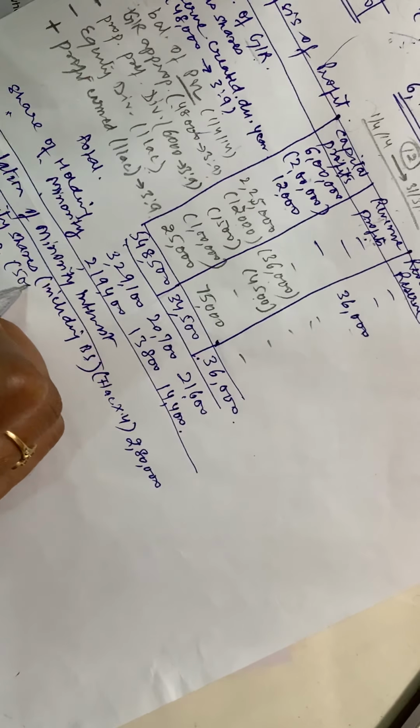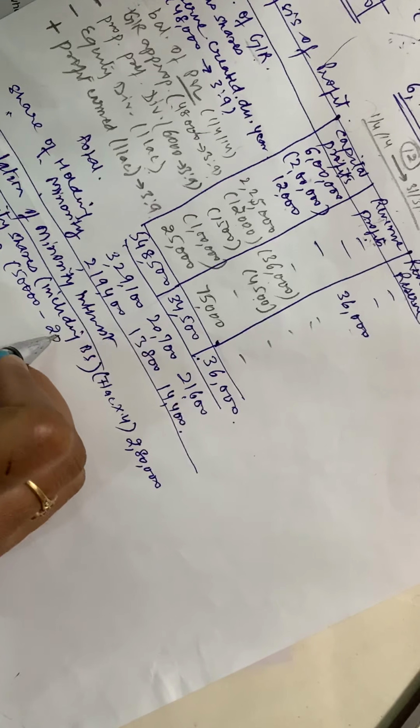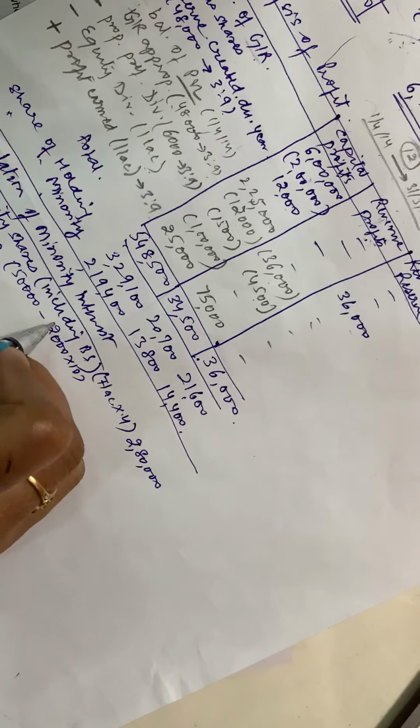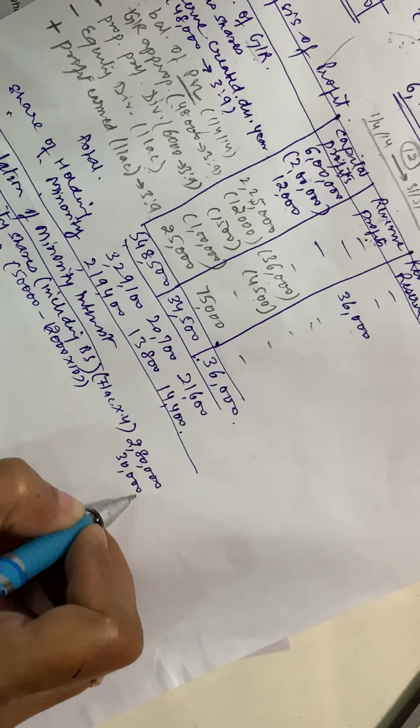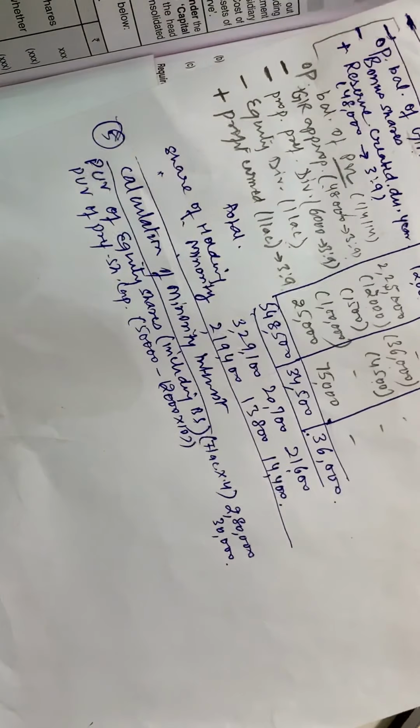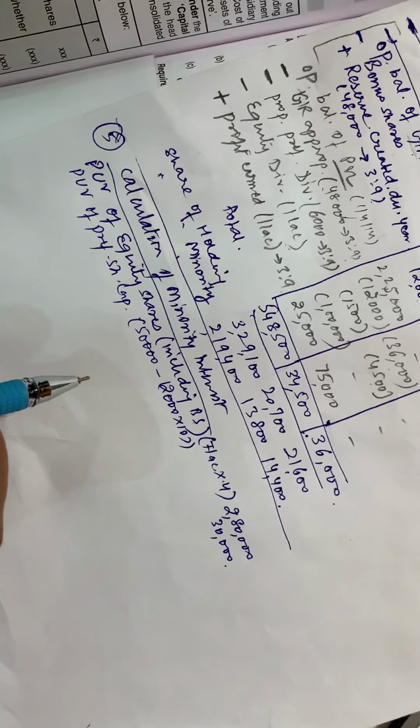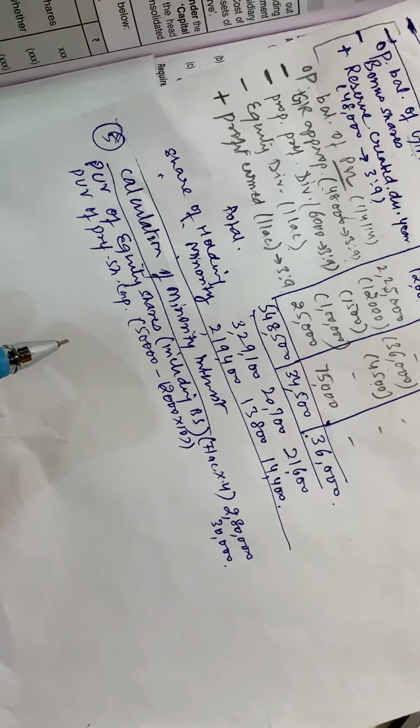You can say 50,000 minus 2,000 into 10, which is 30,000. We will add only those things on which the minority has certain claims.